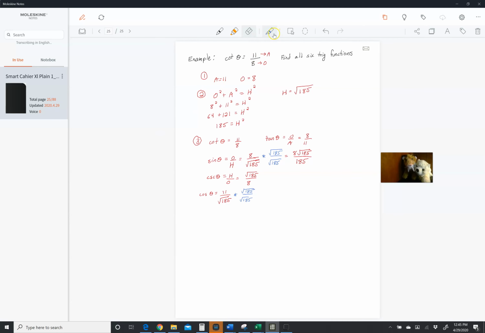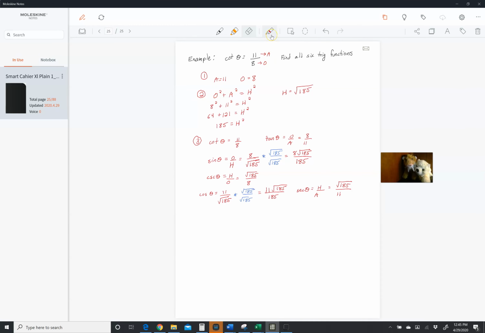And that gives us 11 times the square root of 185 over 185. Remember, the square root disappears. And finally, we have secant of theta, which is h over A, and that's just square root of 185 over 11.